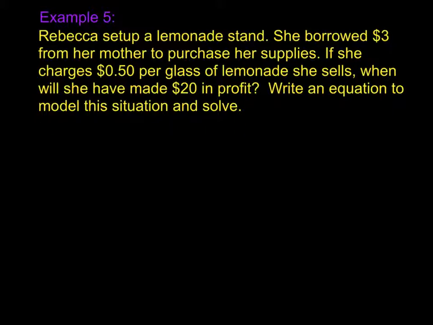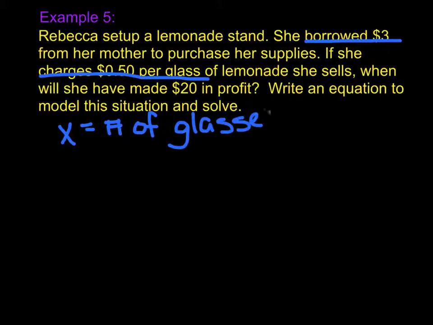So let's talk about key information first. She borrowed $3 from her mother, and she charges 50 cents per glass. So if we let x represent the number of glasses of lemonade sold, and we want to know when she has made $20 in profit, we know that something is going to equal 20.